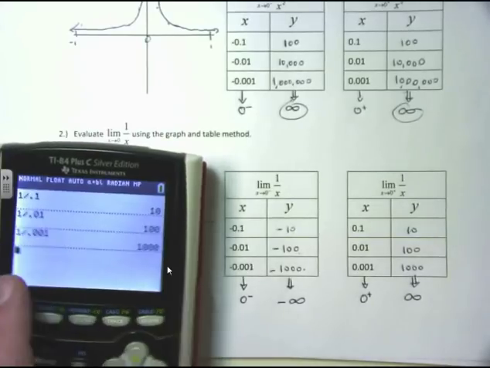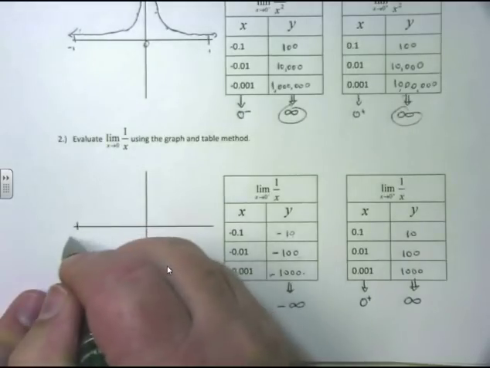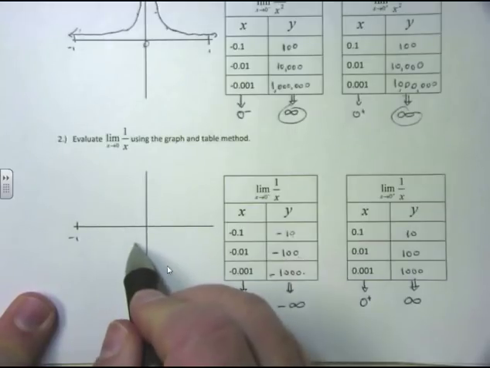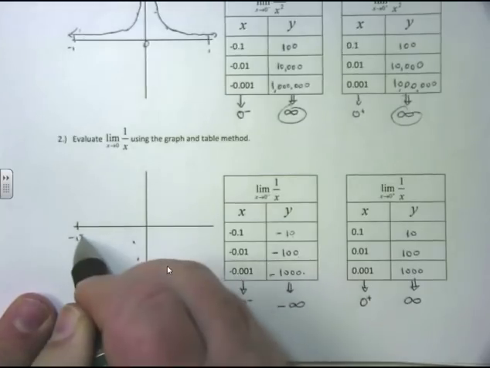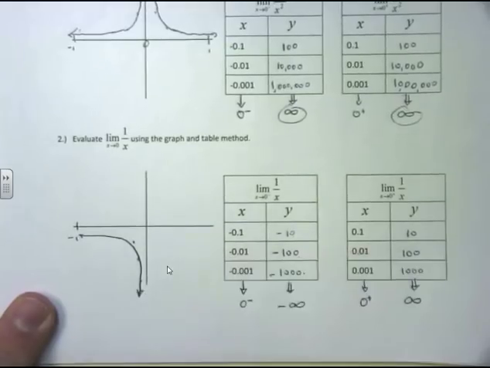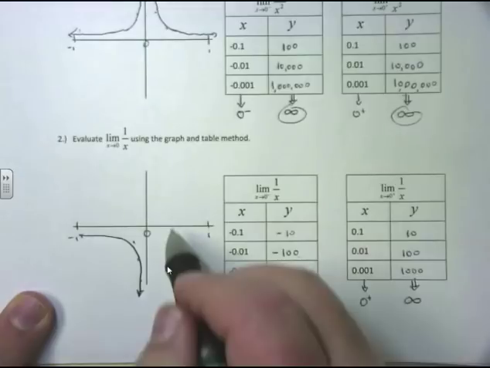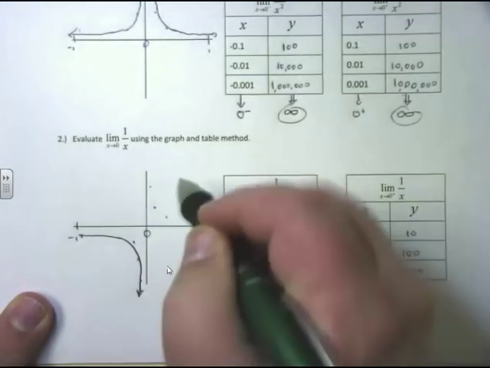Now, if we graph this, over here is negative 1 again, but if I go to negative 0.1, I'm getting negative 10, so it's down here, and then closer to negative 0.01, it's negative 100, negative 1,000. My graph looks like this. However, here's 0, but on the positive side, and here's 1, if I plug in numbers like 0.1, it's positive 10, positive 100, positive 1,000.